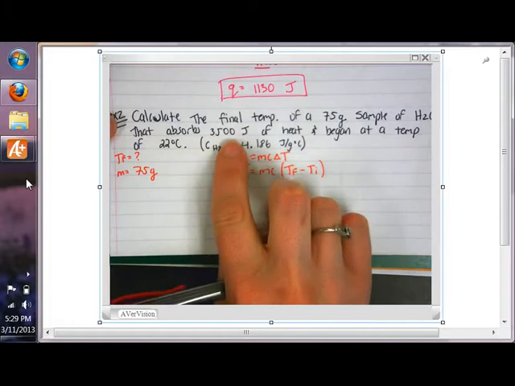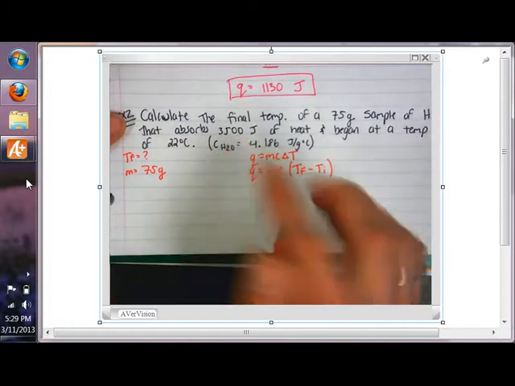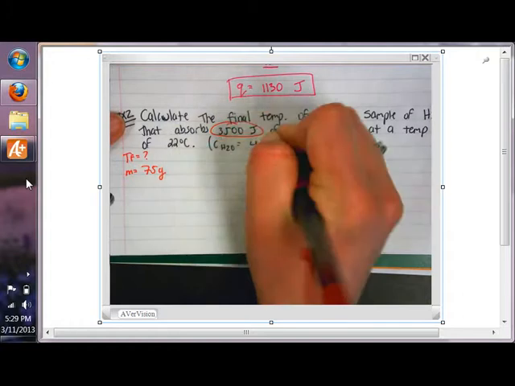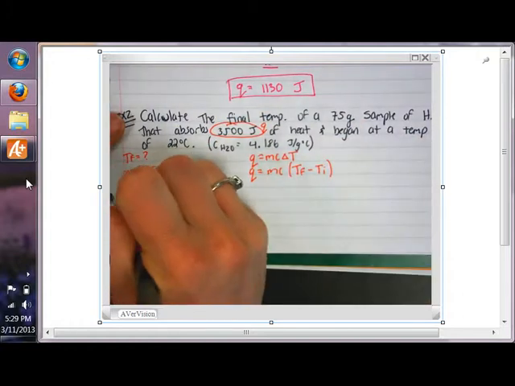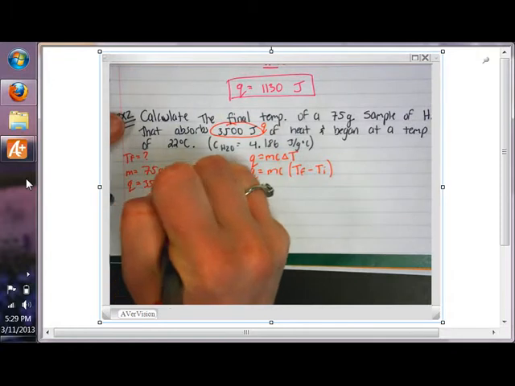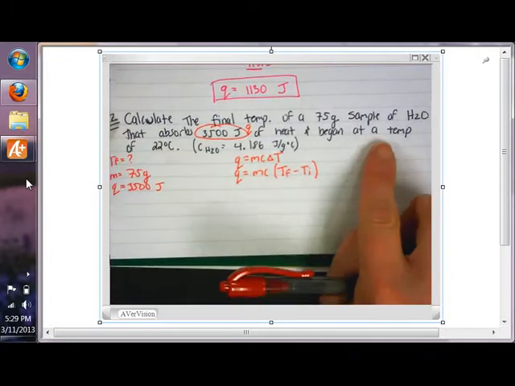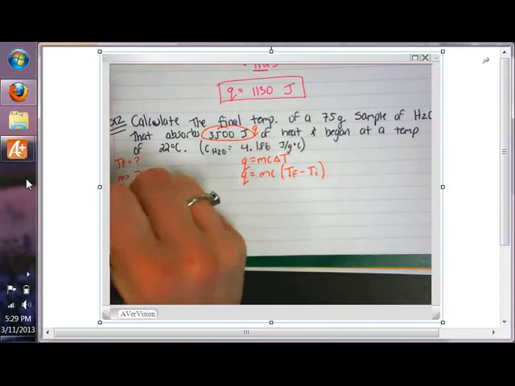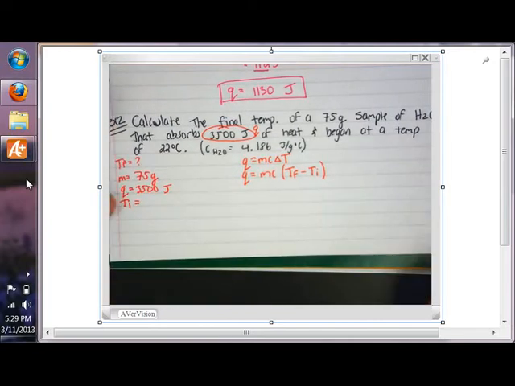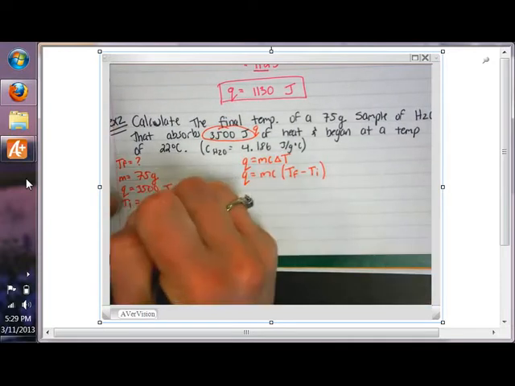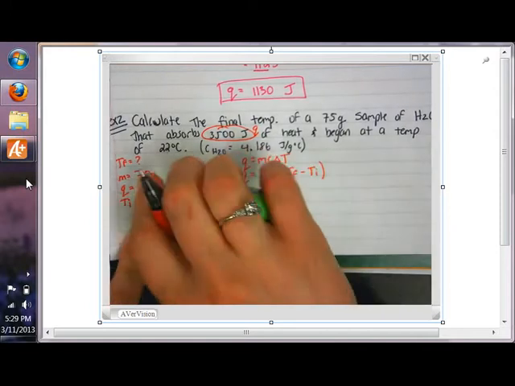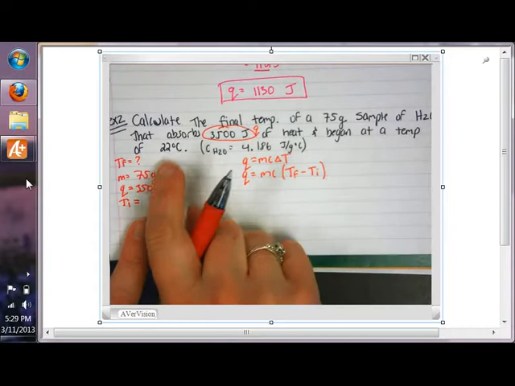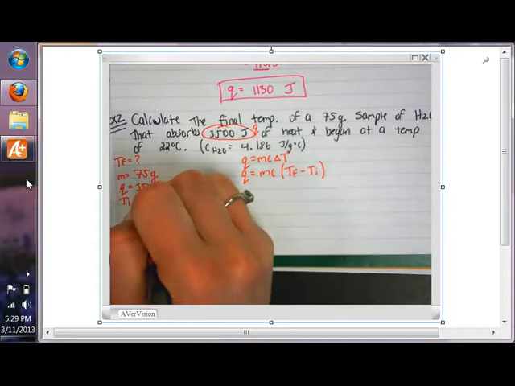It's absorbing this much heat energy, so that's Q. So Q equals 3,500 joules. It began at a temperature of 22 degrees Celsius. So that's my starting temperature. That's TI. Oh, I just wrote the same thing. I'm sorry about that. My initial temperature is 22 degrees Celsius.